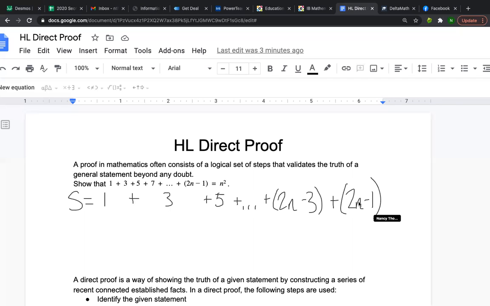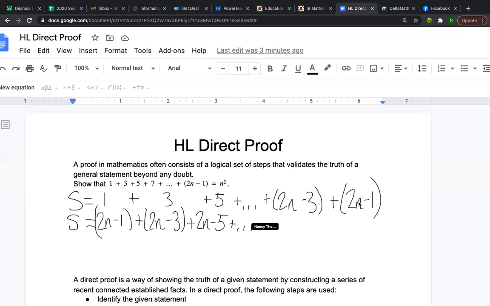So all of this to say, I could rewrite this in the opposite order. So this same sum is also equal to 2n - 1 plus 2n - 3 plus 2n - 5 plus ... and if we were to keep this going backwards, plus 3 plus 1 all the way back to 1. So basically I just flipped the order of this, right?